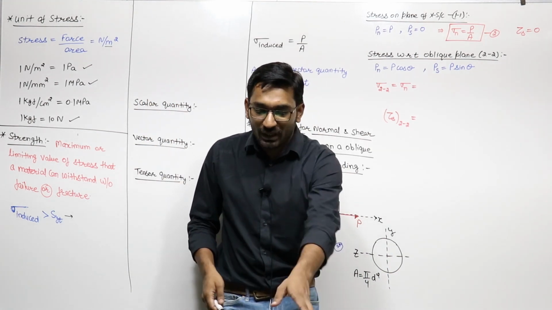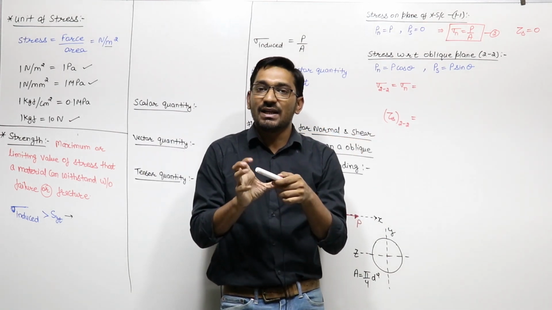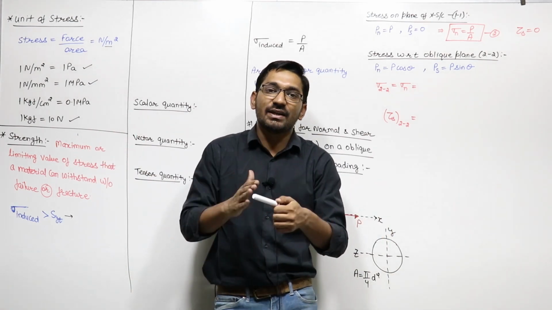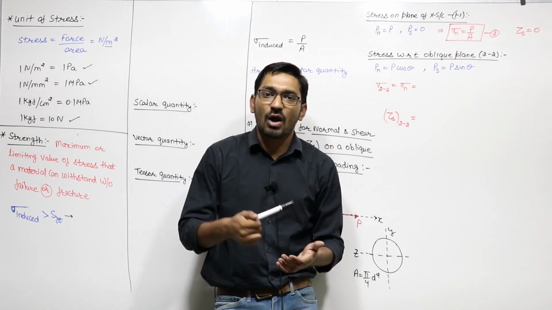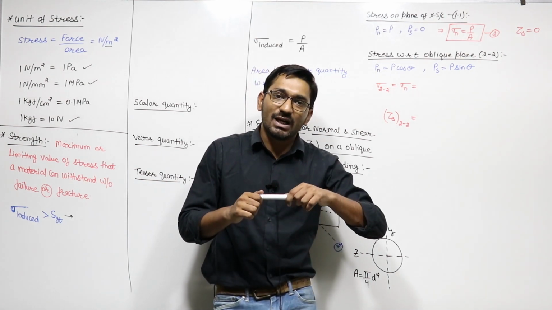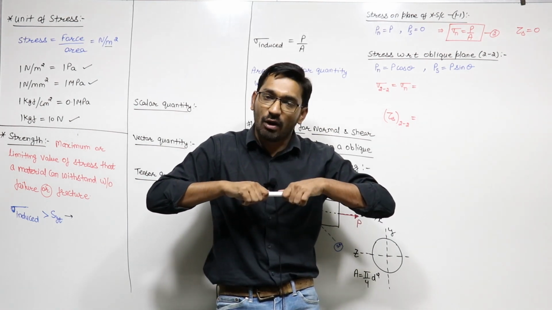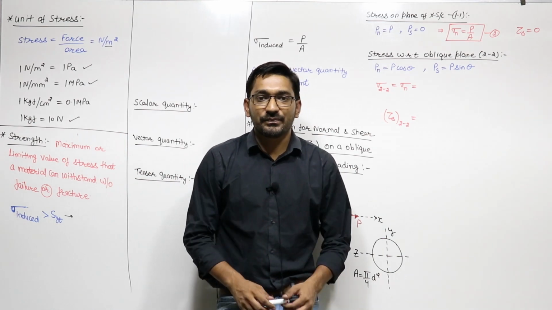Suppose I apply a load on this in this direction, its length will increase, and if I remove the load, this length will regain its original position. Then we can say that this deformation is not permanent. Up to this level, when you apply the load, deformation is there; when you remove the load, deformation will not be there.